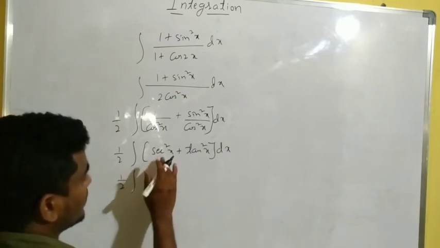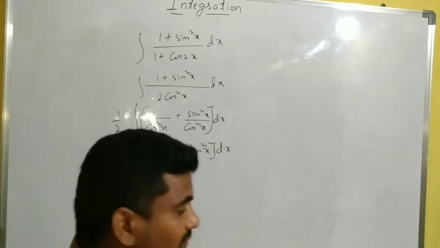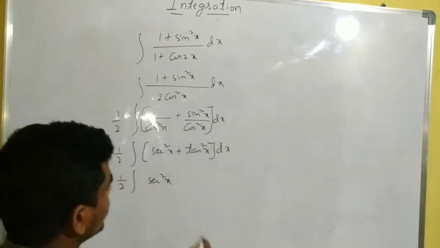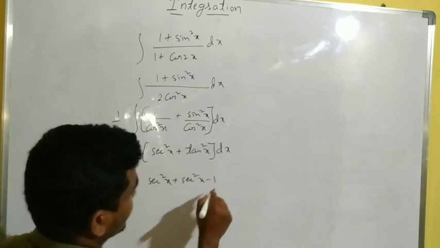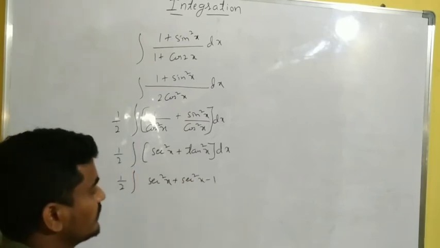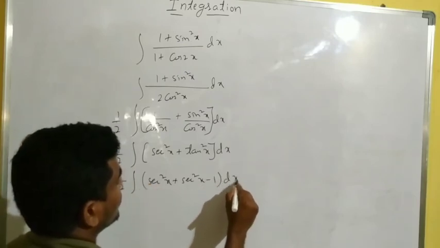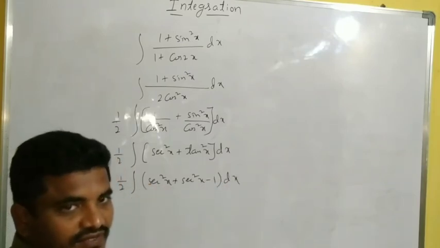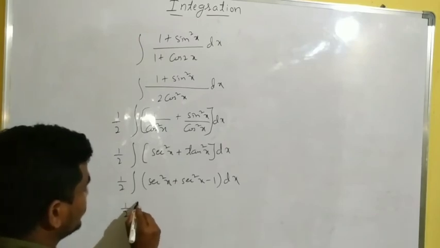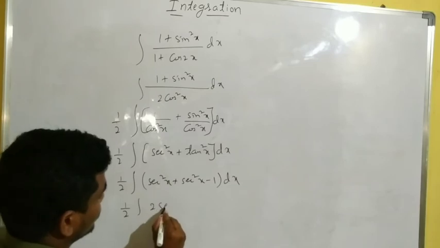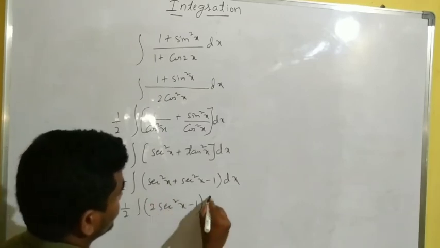1 by 2 integration, and this becomes secant square x, I am writing as it is, plus secant square x minus 1, since tan square x equals secant square x minus 1, dx. Secant square x plus secant square x, 2 secant square x we can write. 1 by 2 integration of 2 secant square x minus 1 dx.